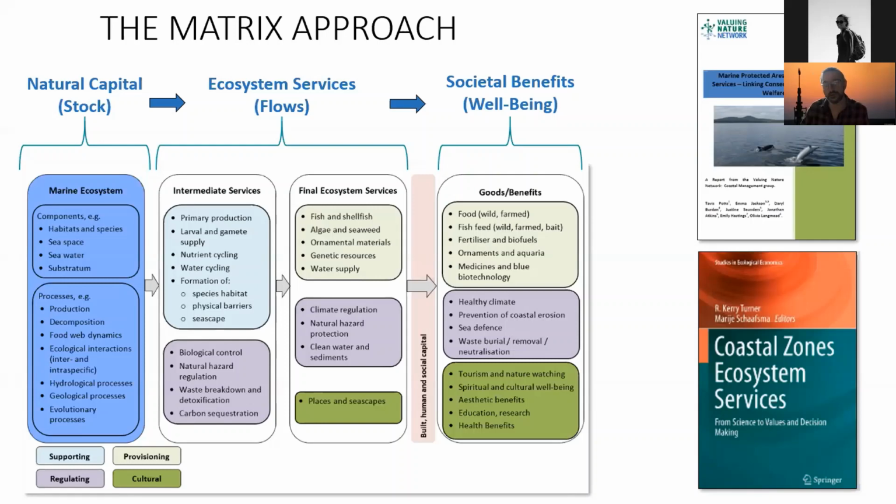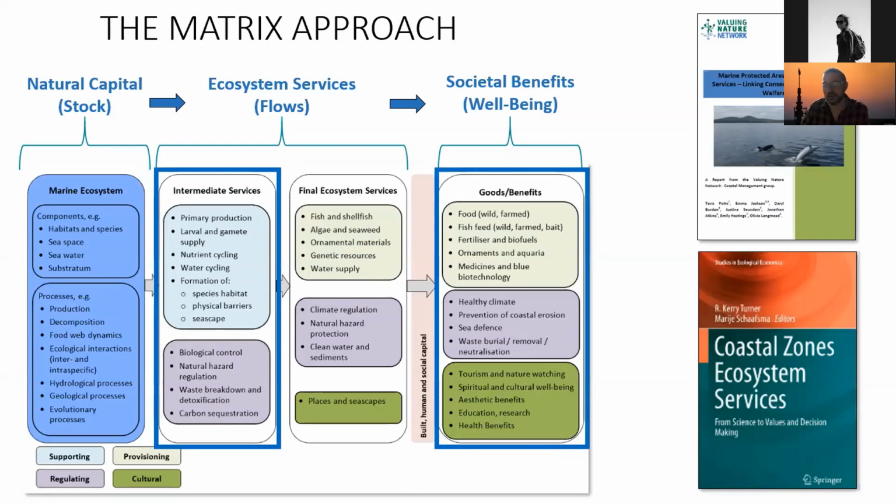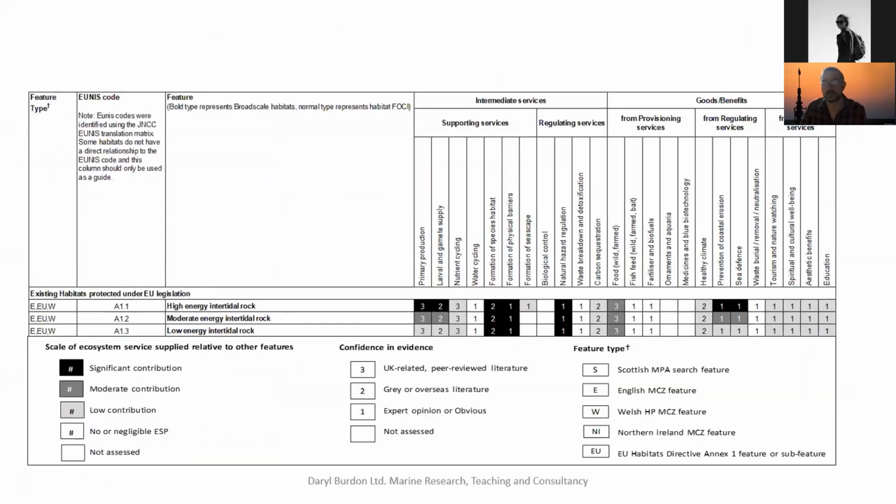We took this model and we converted it and developed it into a quantitative matrix to try and understand actually what are the services and benefits from specific habitats and species. So I'm not going to go through every square here, just to show you what this looks like. This is work from essentially from 2014 that we've developed over the years.